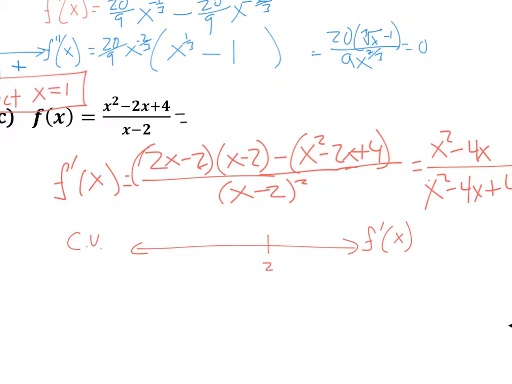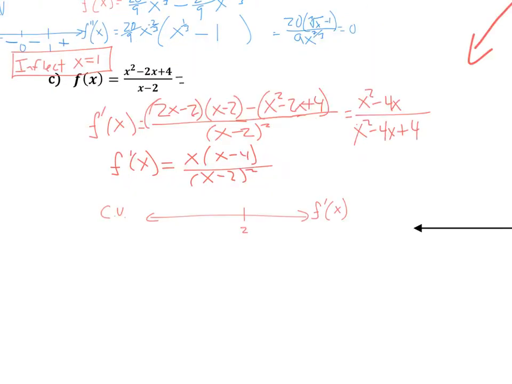If we factor the top here, we have x times x minus 4. Okay. In fact, let's go ahead and write that out. There's our factored form there. That will be a little useful to us. And so when x is 0, we have a 0 on top. When x is 4, we have a 0 on top. And 2 was our undefined point there.